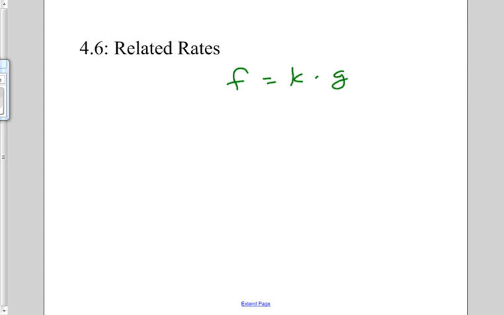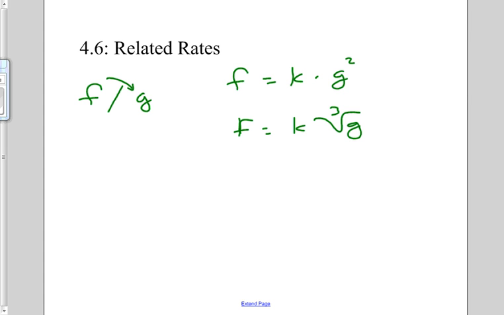So there are two functions that are related, and maybe g is squared or cubed or cube rooted. But there's going to be some relationship between one function and another.